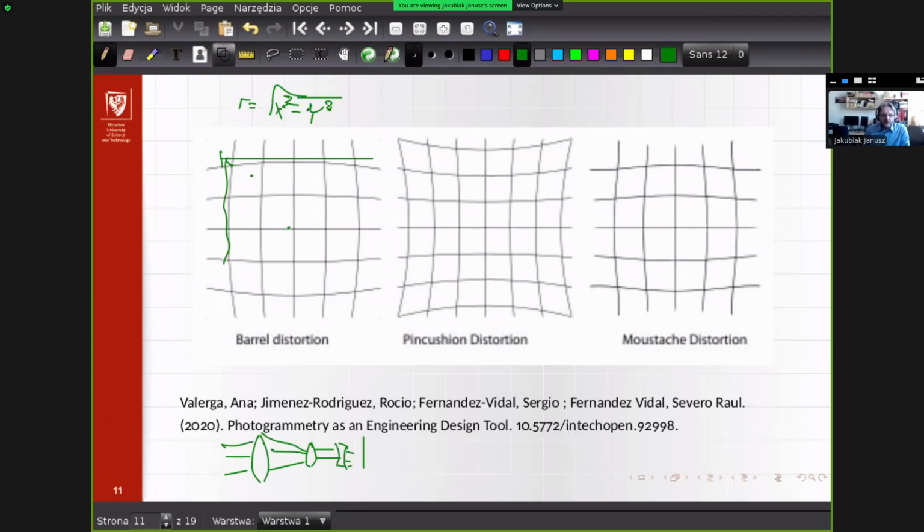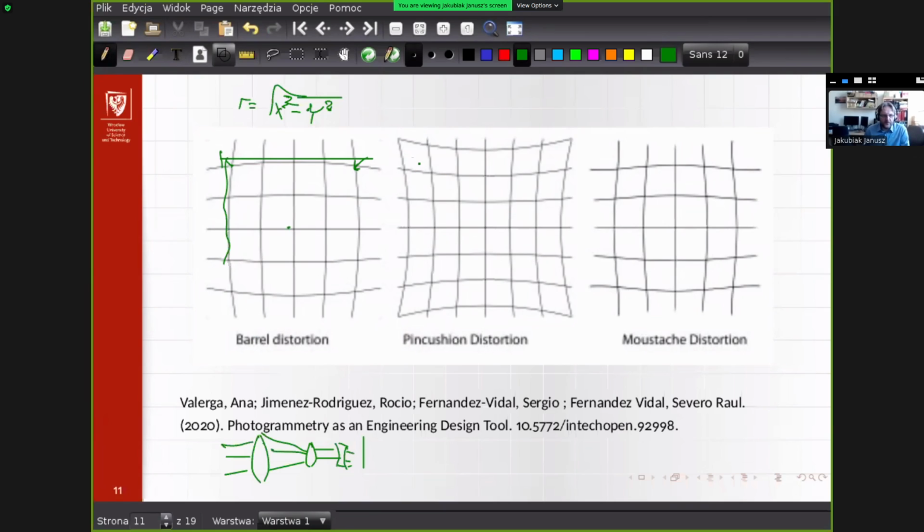It is visible in such a way that the corners get a little bit closer, and this grid looks more or less like a barrel, and that is the source of the name.